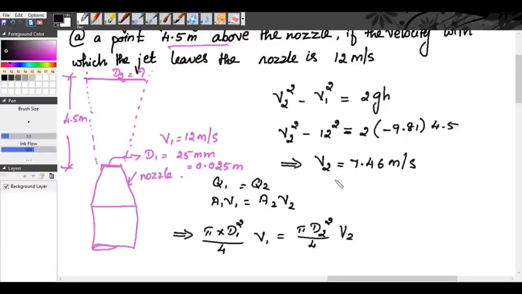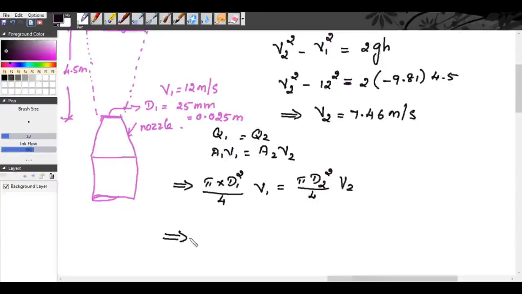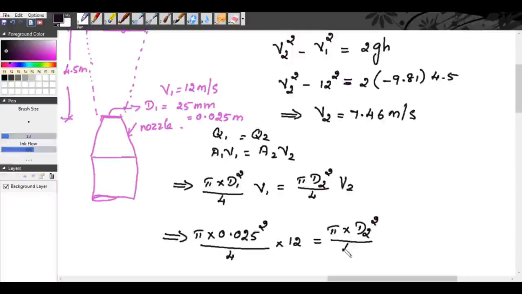Now we have found V2, the only unknown is D2. So it is pi into 0.025 square divided by 4 into V1 is 12 is equal to pi into D2 square by 4 into V2, we have found it as 7.46.